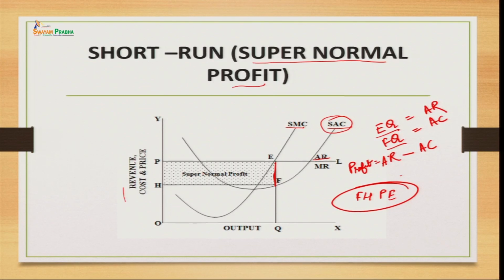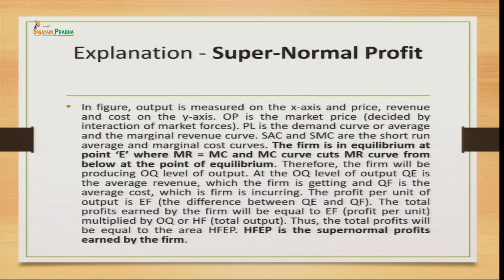Okay. So, now we have talked about this supernormal profit condition, and here we have this explanation which we have already discussed, like what we are representing on the x-axis and how we are finding the equilibrium point. One thing you need to remember here is that the firm will reach equilibrium where the marginal cost curve cuts the marginal revenue curve from below.